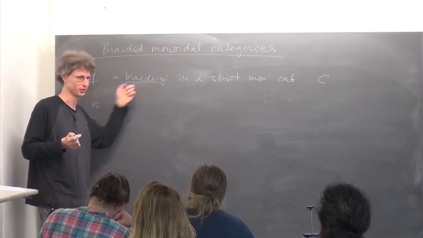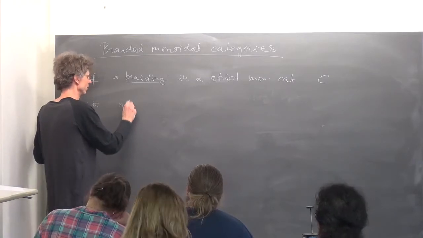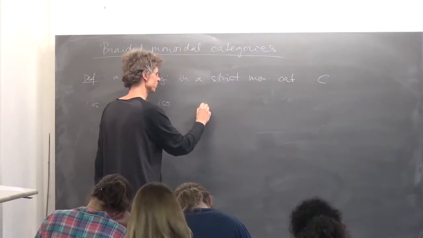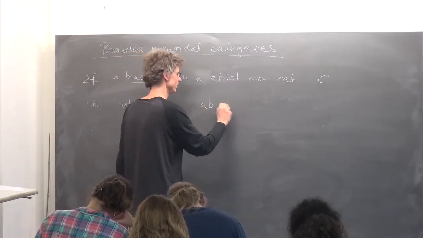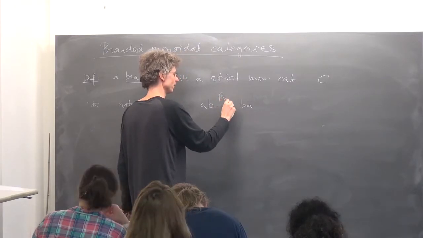That's possibly the main part of this course. Braiding is going to be important. So what is this braiding? It's a natural isomorphism between AB and BA. Let's call it beta AB.